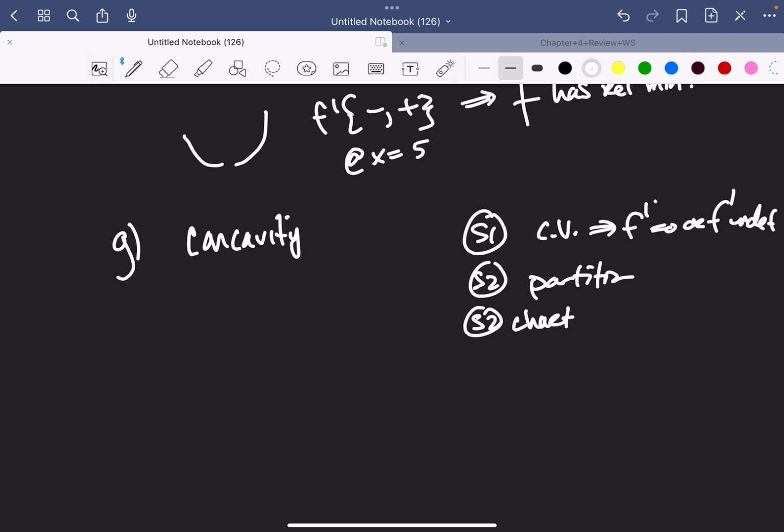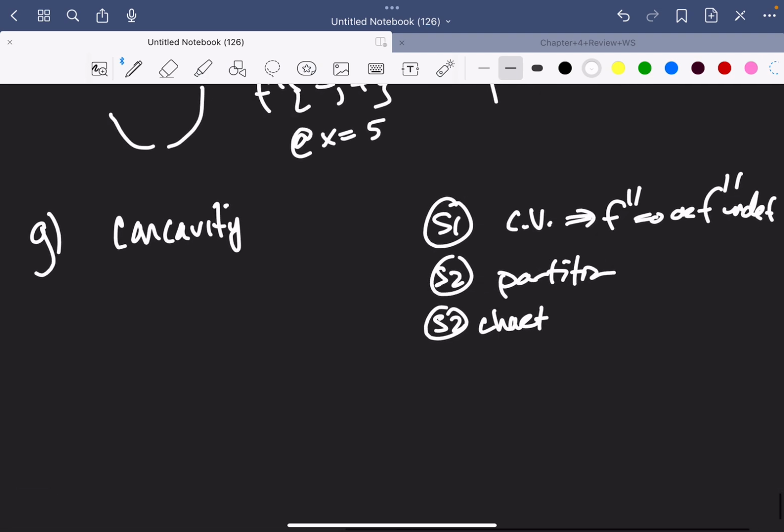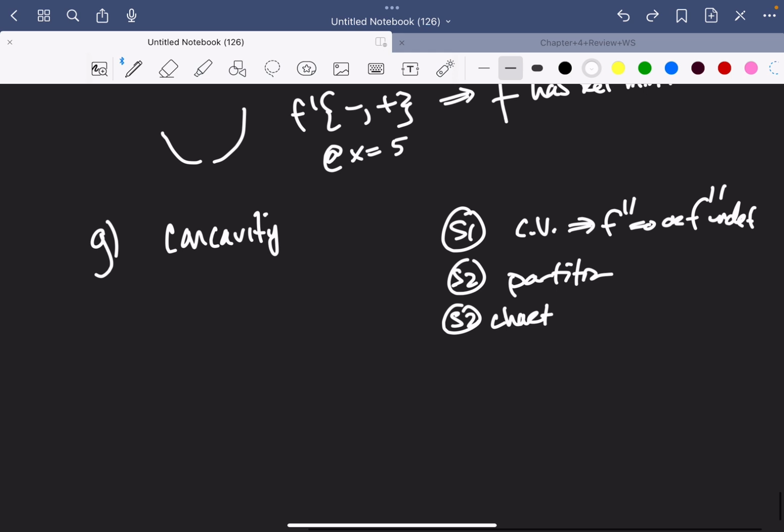I'm sorry, not first derivative, second derivative, because concavity is a second derivative question. Where it is 0 is where we're going to think about where the concavity changes. Second does mean 2.